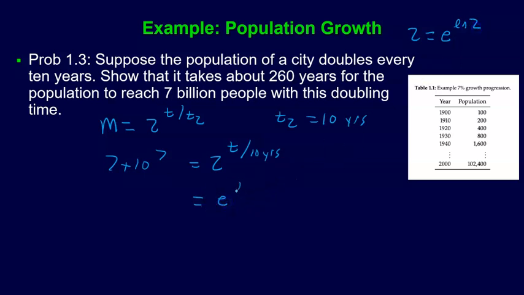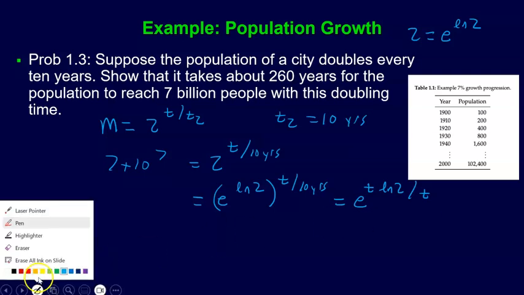So I'll write that exponential of natural log of 2, and then that's to the t divided by 10 years power, which the way we've been writing it looks like this: exponential of t times natural log of 2 divided by that doubling time, which we're writing as 10 years.